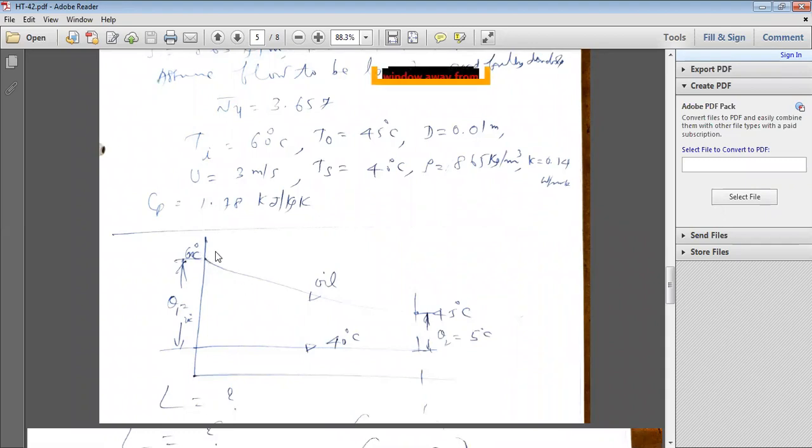The oil is being cooled from 60 to 45 degrees centigrade, so there is a temperature drop, but you are maintaining the tube surface temperature at a constant 40 degrees centigrade. Okay?